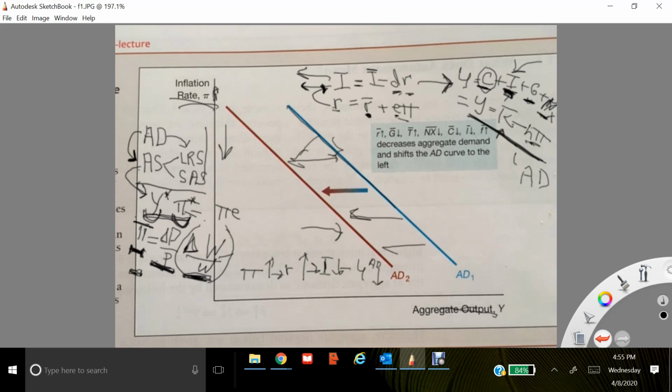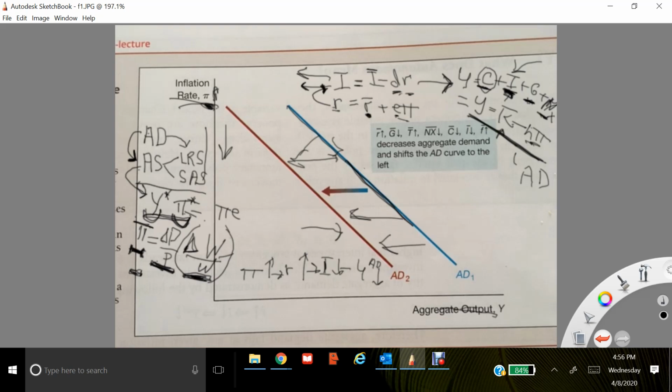That's why you have this shift in the curve, okay? Shifts in curves generally occur when an autonomous factor changes. Movements along a curve occur when an endogenous variable changes. Okay.